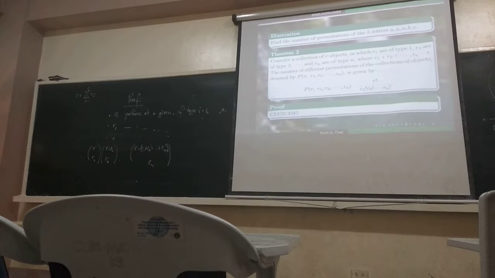I can write this earlier. I'll go straight: R minus R1 plus R2... You get R minus R1 plus R2 factorial, R3 factorial. You'll have R minus R1 plus R2 minus R3 factorial.